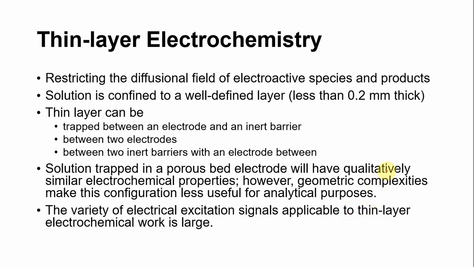Okay, so let's say we have something present like this, and at this part you have something connected, and then you have an inert block present on the other side. So the thin layer must be present in the space between this block and this electrode surface.